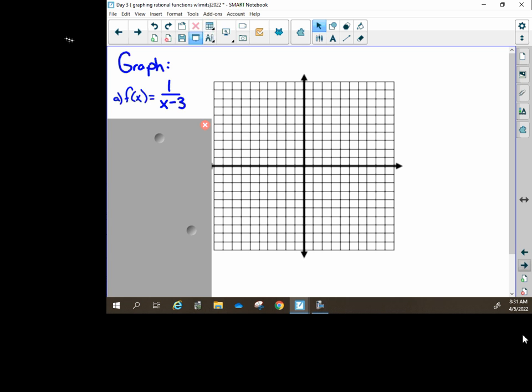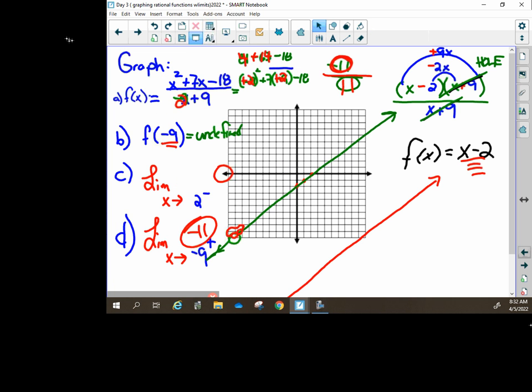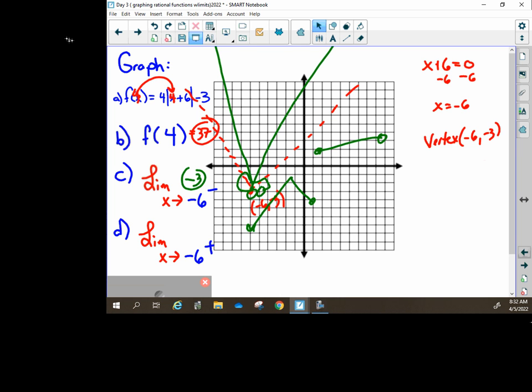Okay, this part right here. What is this going to do, this x minus 3? Yeah, this x minus 3, when we did these graphs, okay, right back here, not this one, but when I did this one, didn't it just shift it?